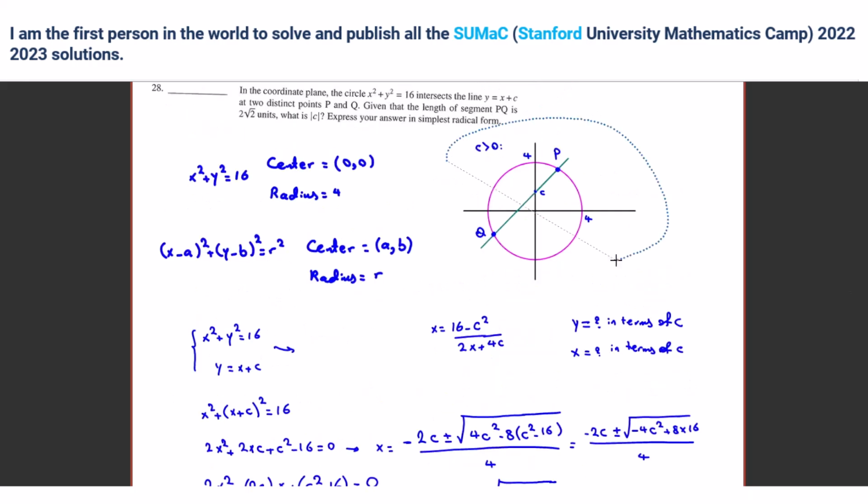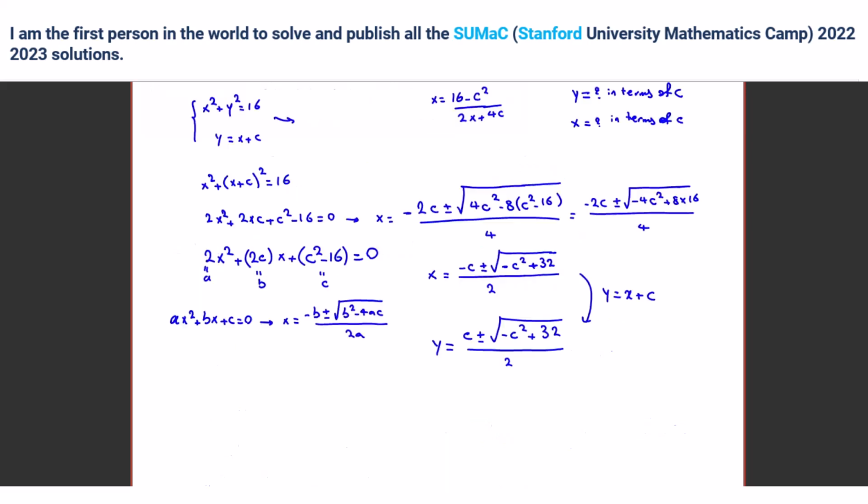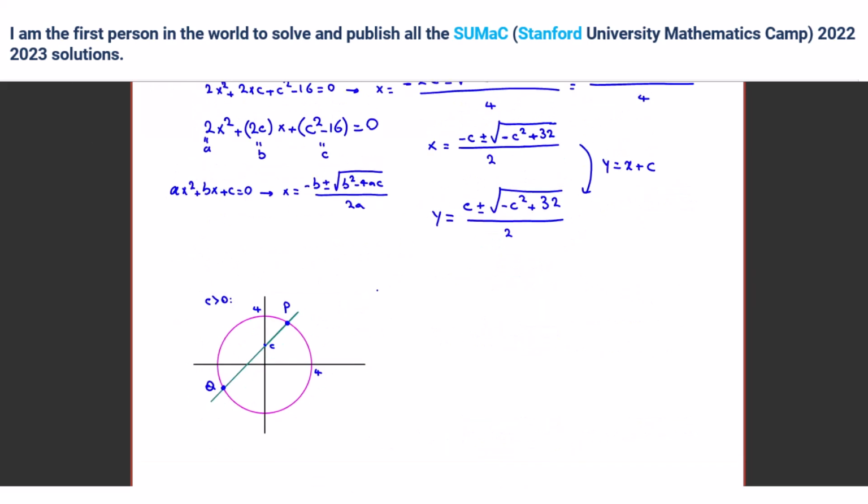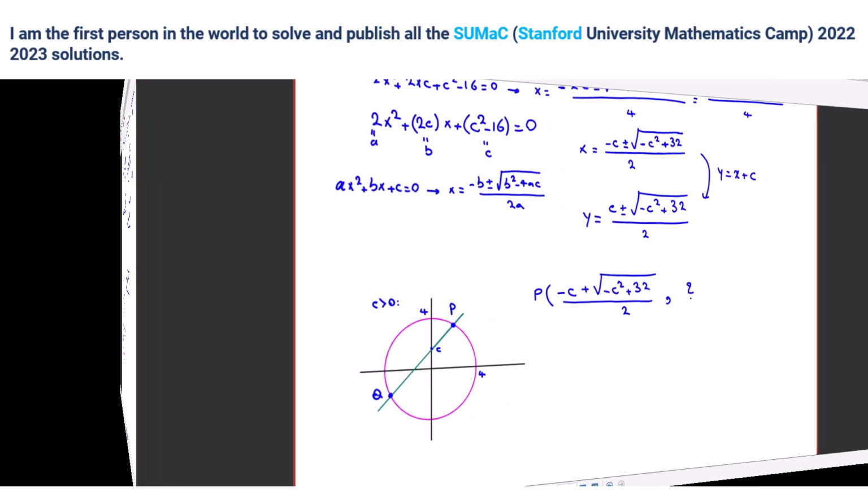let's consider this one. So we suppose that c is positive. Okay, so what's the x coordinate of P? Suppose for example the x coordinate of P is negative c plus the square root of negative c squared plus 32, over 2. Then what's the y coordinate of P?